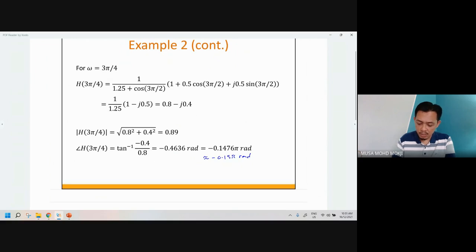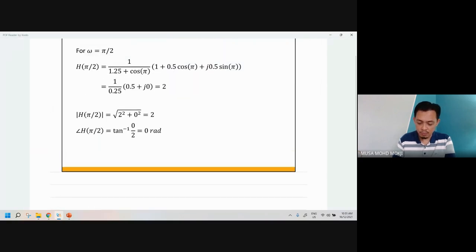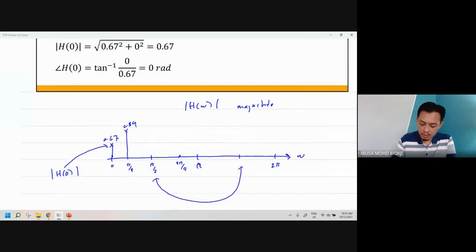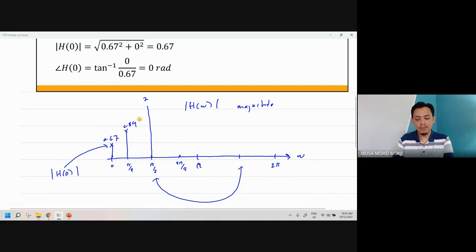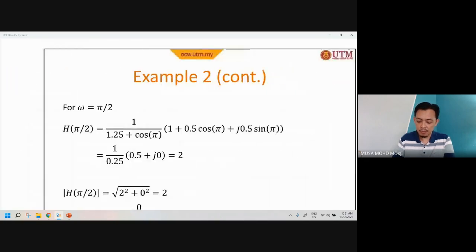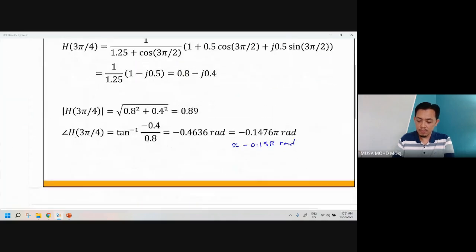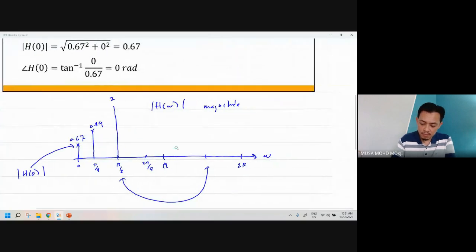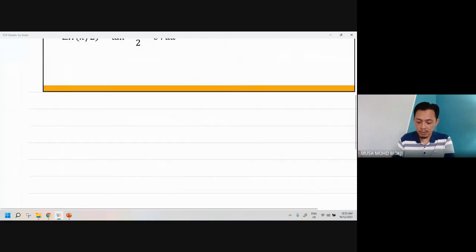So let's say this is 0.89. This one is 2. So actually here, you should get 2. Okay, 0.67, 0.89, this is 2. And then the next, 3 pi over 4, 0.89. Okay, and then what is the value for this one?